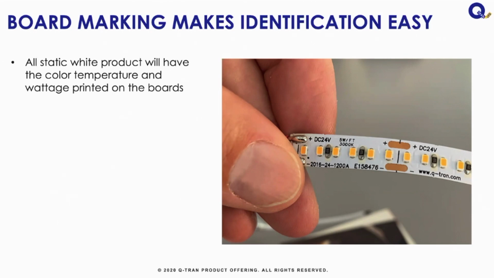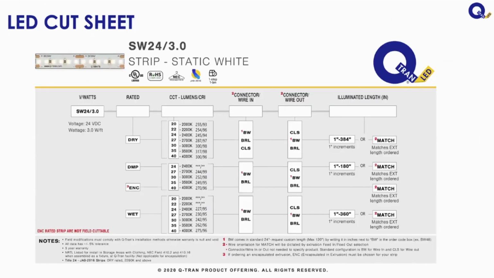And now that we've discussed the physical properties and the light quality of the static white LEDs, let's investigate the options for each of our strips. Here we have a snippet of one of the cut sheets, and this is the SW24 3.0. Looking from the left to the right, we indicate which strip this is, followed by the environmental rating, and I'm going to talk a little bit about that in a moment.